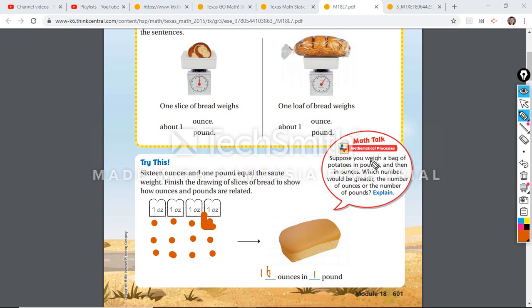Now it asks you right here, suppose you weigh a bag of potatoes in pounds. Say it weighs 5 pounds. And then in ounces, which number would be greater, the number of ounces or the number of pounds? And explain that to me.